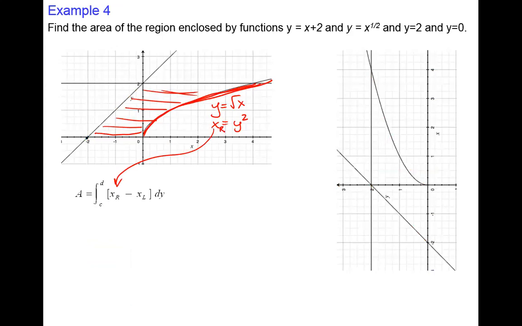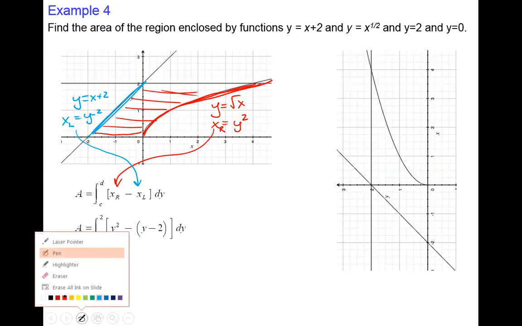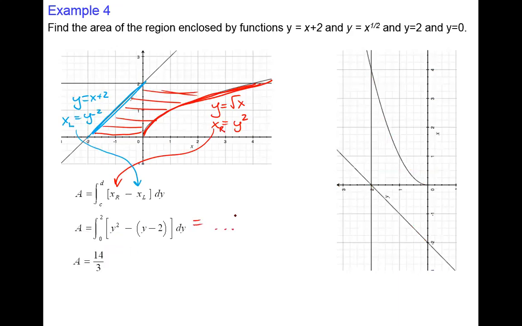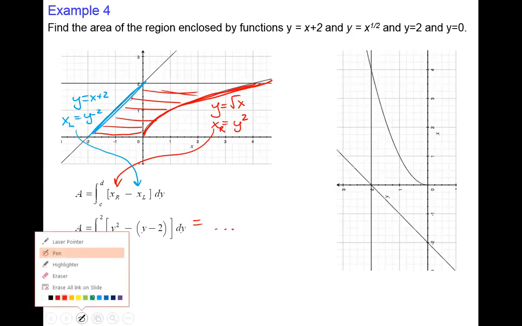Now, the equation on the left-hand side was x plus 2, but I have to solve for x, y minus 2, and that's my left curve. We can see y squared minus y minus 2, and you can definitely integrate. You can get the direct antiderivatives and, applying the limits of integration, get the final answer.